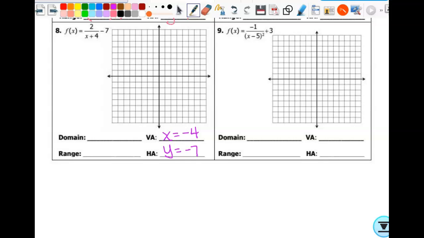Okay. So once I do those, this is just a reciprocal function. That's my parent function. I'm going to ignore the 7 and the 4 because basically I've already used them once I graph them. So I go to negative 4, here's my asymptote, and negative 7, here's my asymptote.